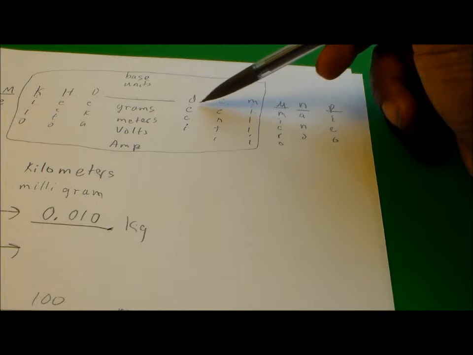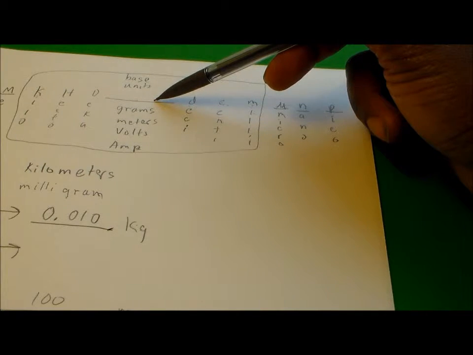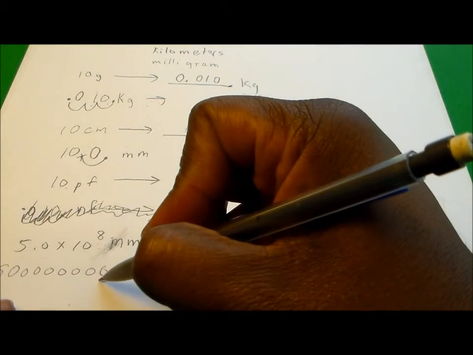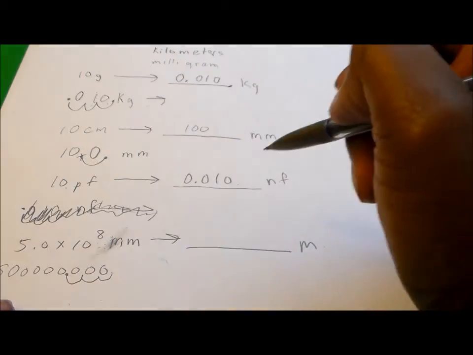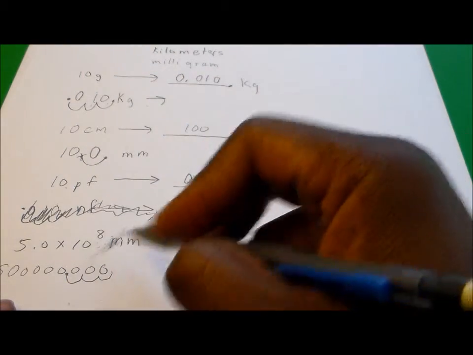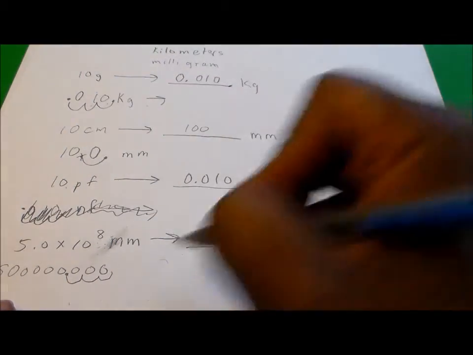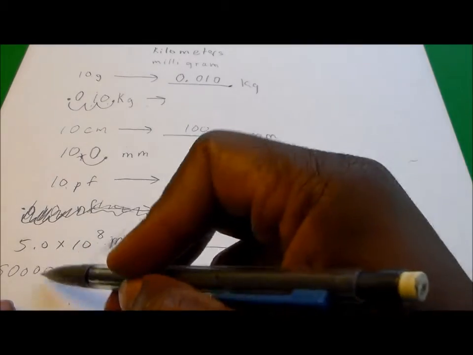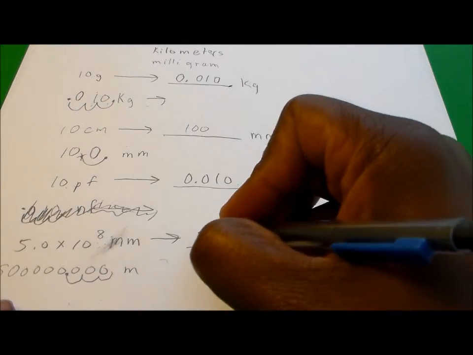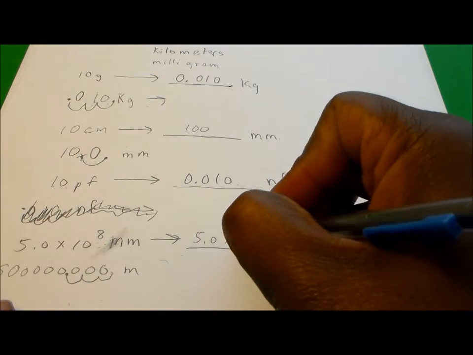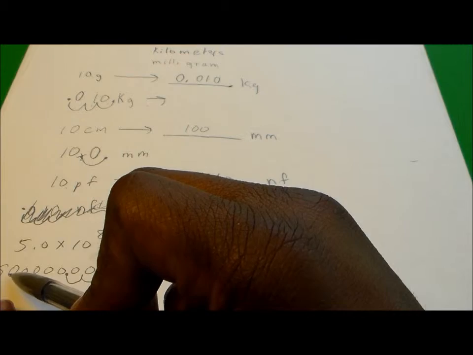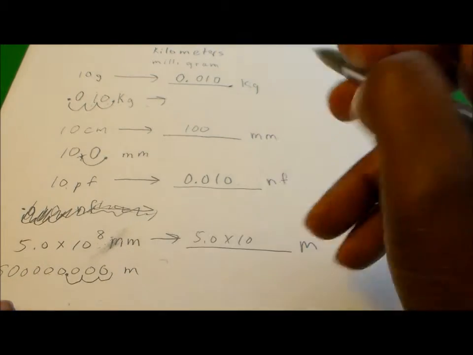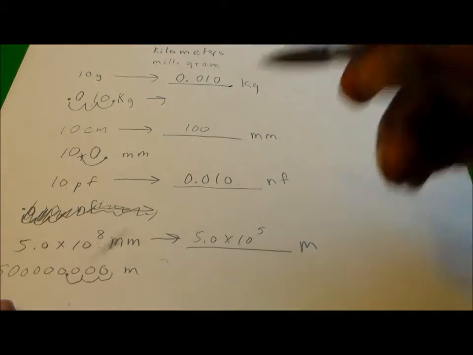We need to make 1, 2, 3 jumps to the left to get to meters. So that makes this 1, 2, 3. This is the new location of the decimal point. So this is what it would be equal to in meters. If we want to convert that back to scientific notation, that would be 5.0 times 10 to the n. Let's count the number of zeros to the left of the decimal point: 1, 2, 3, 4, 5. So that would be to the 5th.